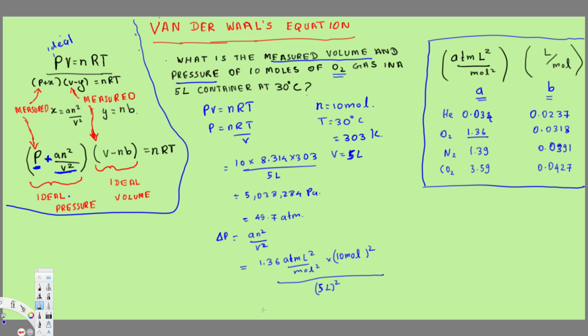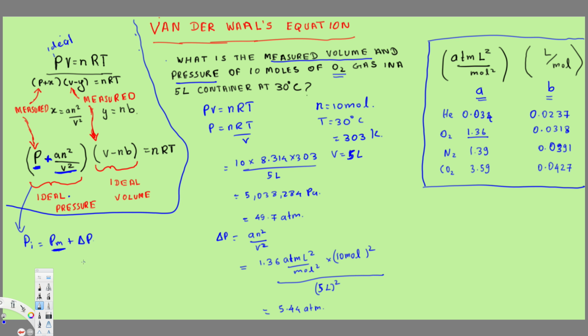If you calculate this one, this will give you 5.44 atm. So according to this, we know that ideal pressure P ideal is equal to P measured plus this delta P. We are trying to find this part, which is what the question is asking.